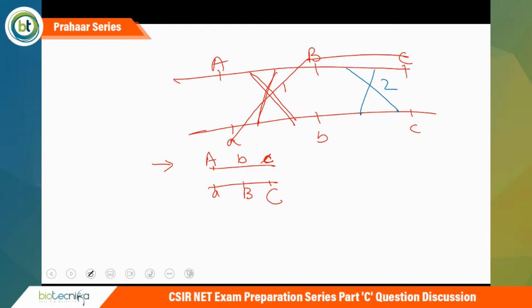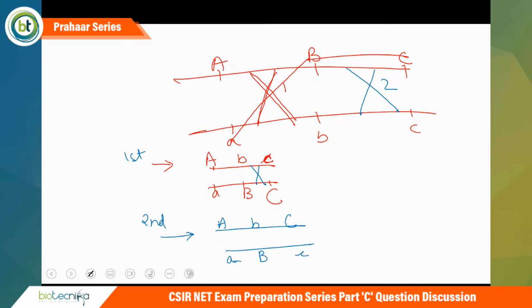Now if another crossing over happens between B and C, after the second crossing over you will get capital A, small b, capital C, and small a, capital B, small c.